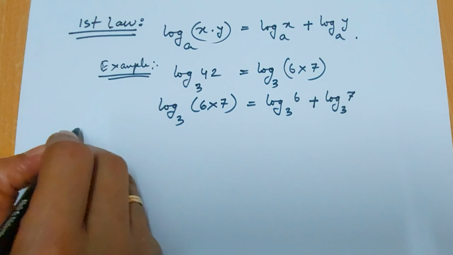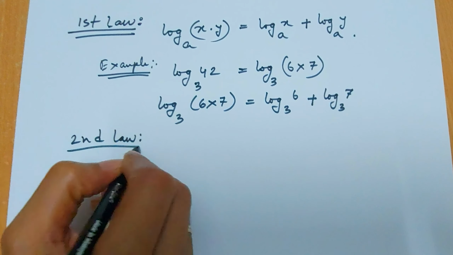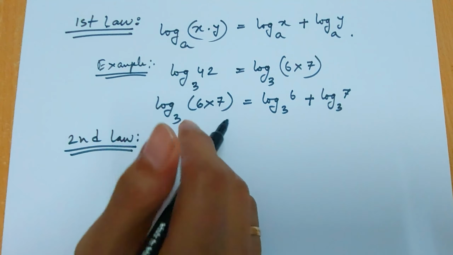And now the second law is division law. Division law says log of x over y, they are going to divide here, equal to log of x to the base a minus log of y to the base a.